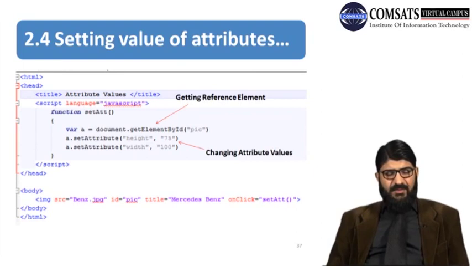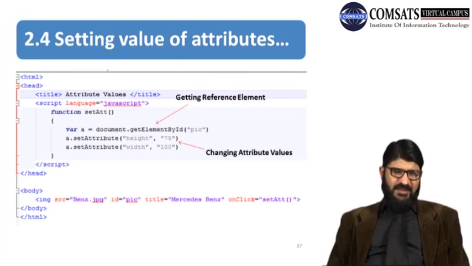The head tag is started, the title tag is given, the script tag is started, language is mentioned as JavaScript, the function keyword is used, setAttribute, the name of the function, is given, and then a variable a is created which will get the value passed by document.getElementById, and then setAttribute. The height is set to 75, and then setAttribute width is set to 100.